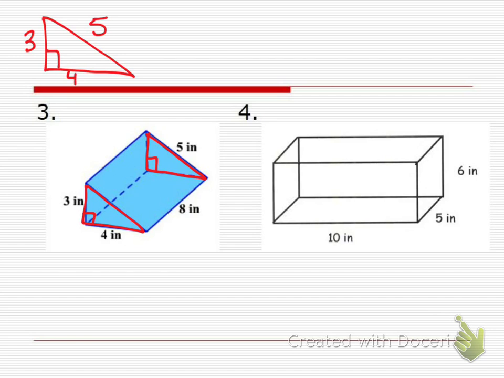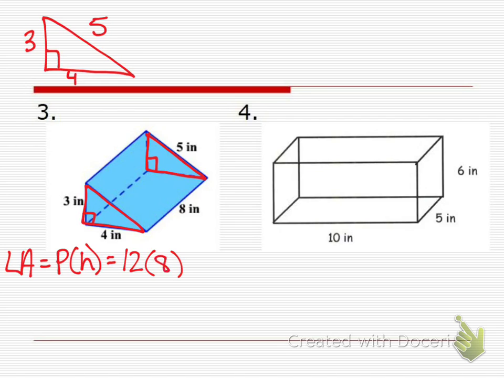Okay, so let's start again with lateral area. We need capital P times H. What is my capital P this time? 12, good. So we add 3, 5, and 4. What about my H? 8, good.